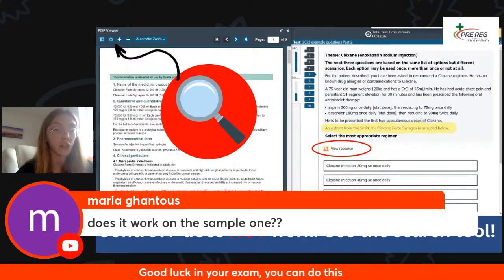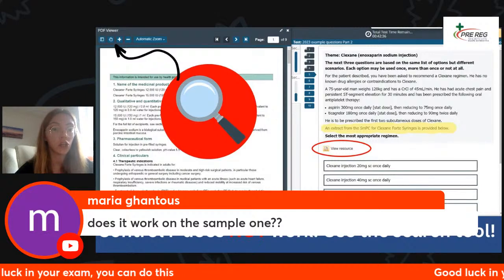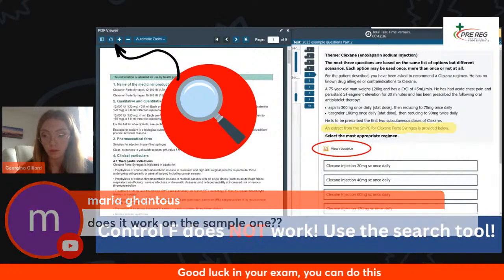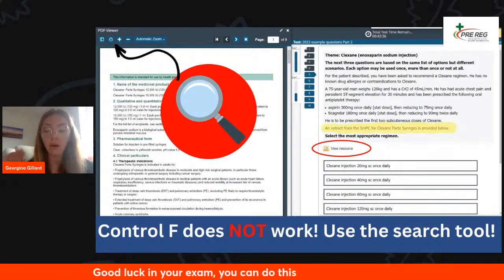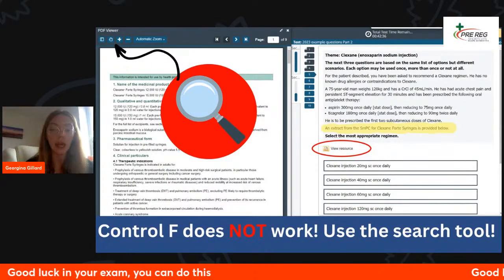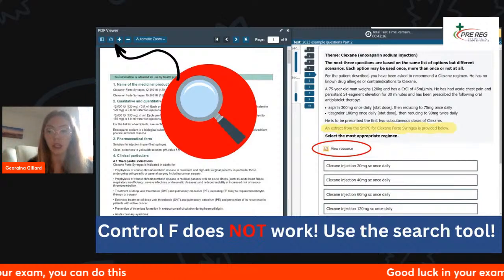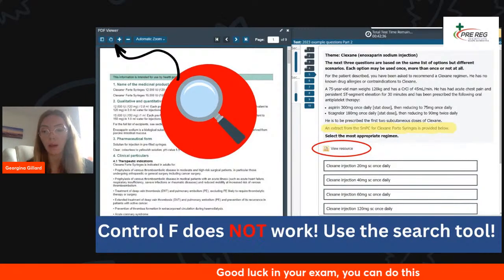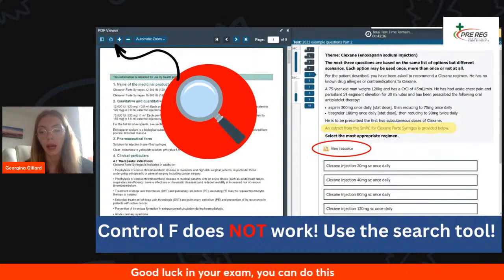On your PDF viewer, you are going to have your little hand, your magnifying glass, a plus to zoom in, and a minus to zoom out. Is that now clear for everybody and does it clear up any ambiguous thoughts you've heard about the GPhC exam and search tools? Give me a yes if it's cleared it all up.